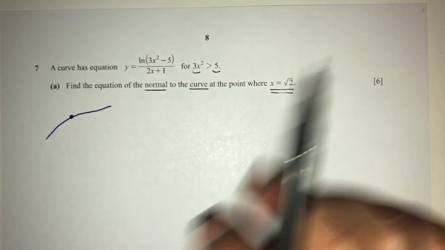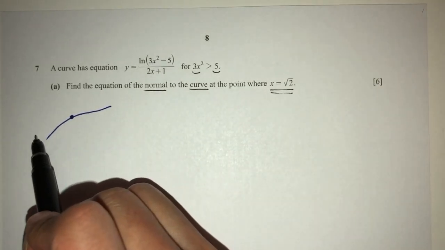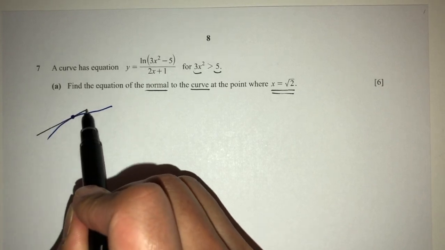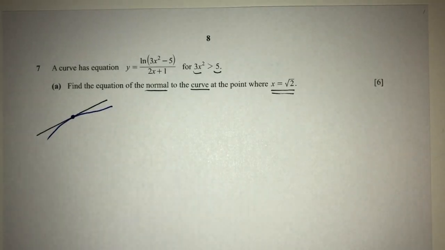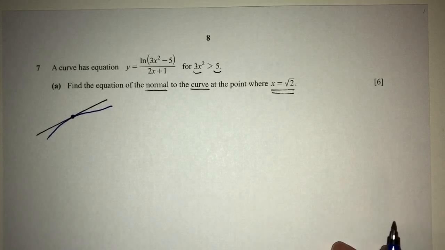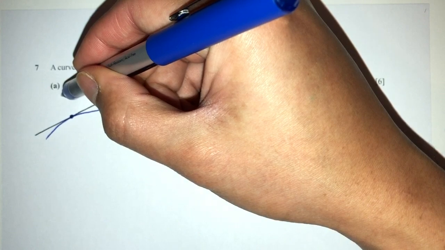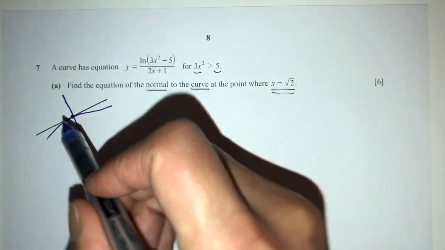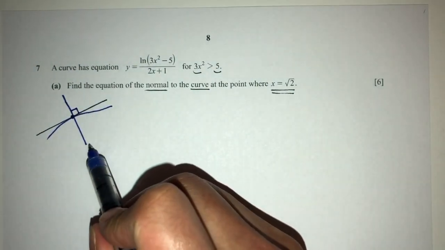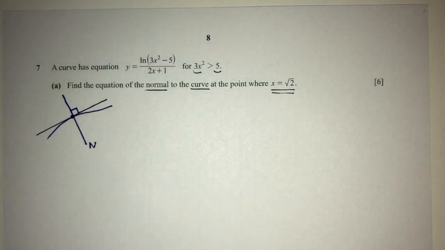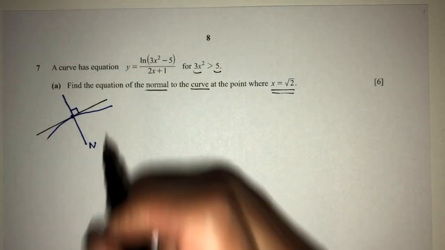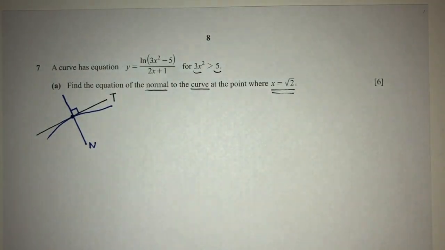So at this point, I have a tangent, right? We have to know that at every point of a curve, we can have a tangent. Now, we have to find the equation of the normal at the point. The normal will be perpendicular to the tangent. So we have to find the equation of this line, the blue line, which is at 90 degrees to the tangent.